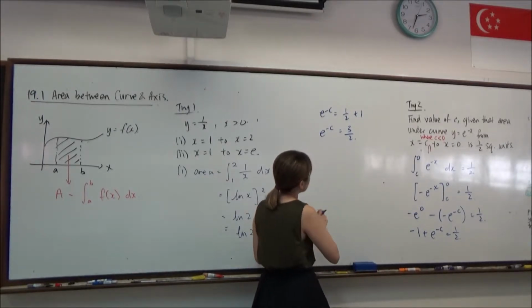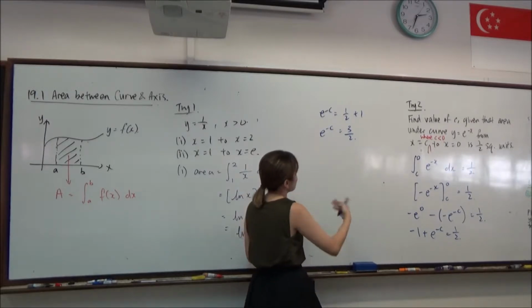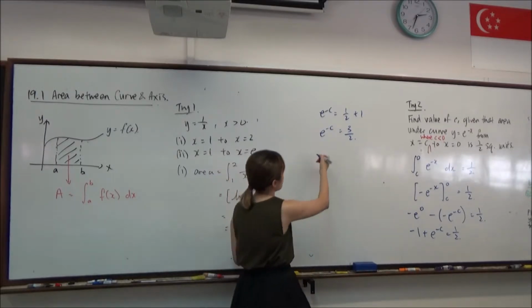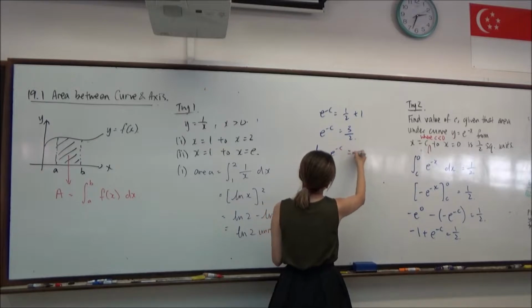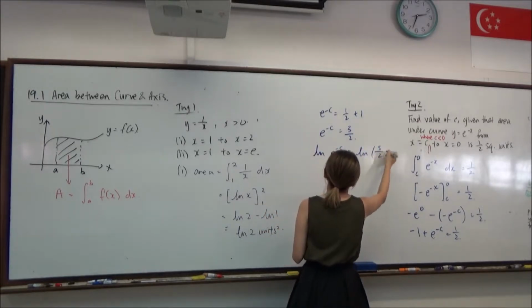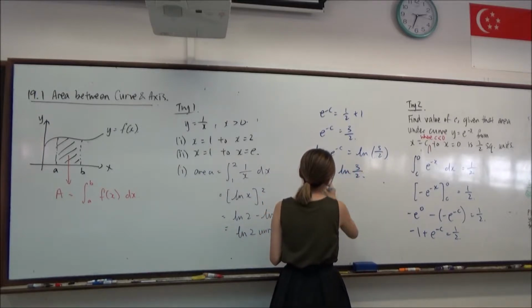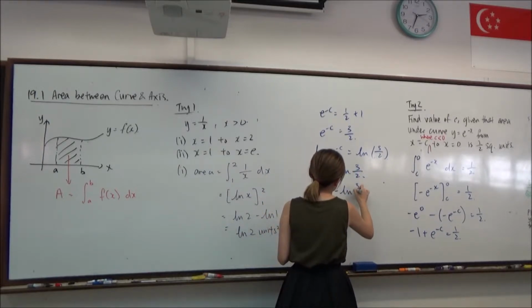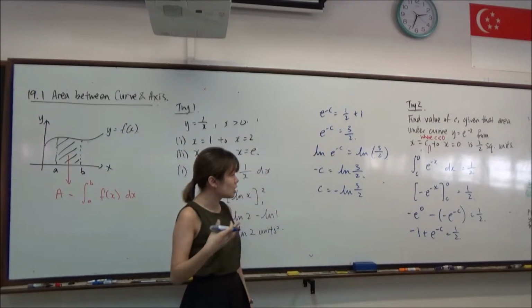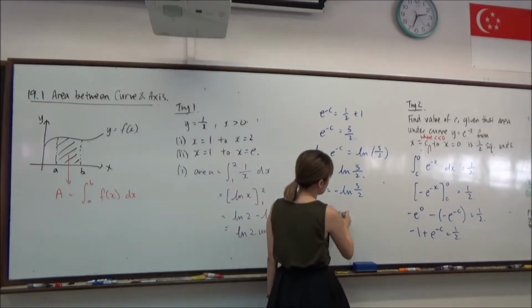Negative C equals ln 3 over 2. So you can make it in the logarithm form, or else you apply ln of both sides. So negative ln 3 over 2 is equivalent to what else?